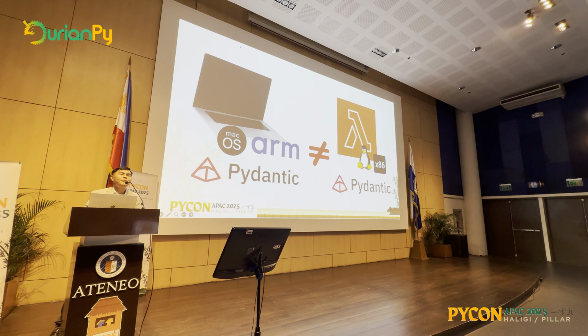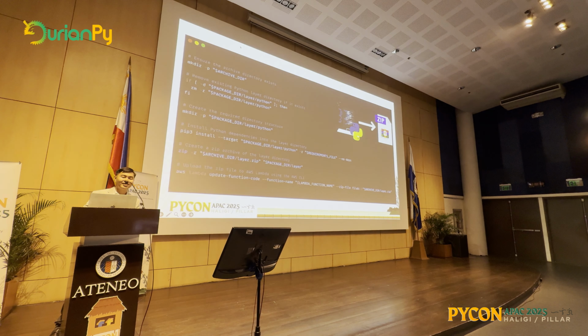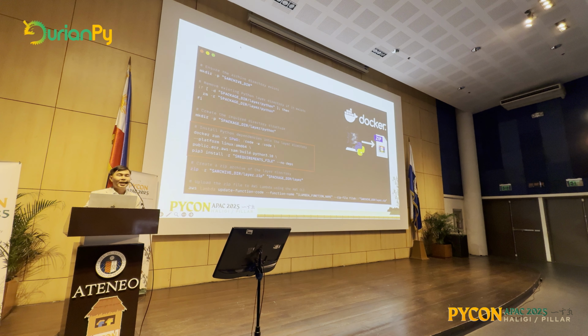And we can usually fix that if we add this line of code here. So you just dictate what platform we want for our pip install. And just like that, we have a working Lambda function. All right. And you can also do something like this. You can emulate the CPU and the operating system with Docker, and all is good.